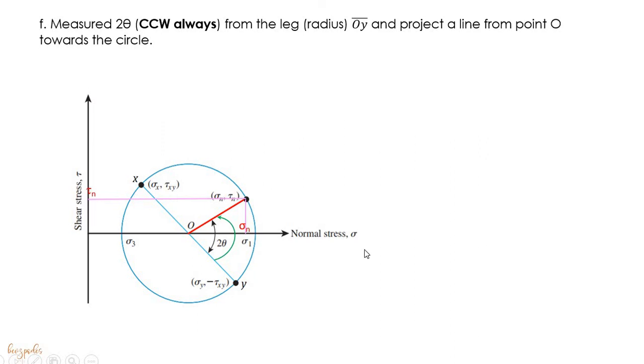So by accurately plotting a Mohr's circle, you're able to get all necessary information like the normal stress, the shear stress, the major principal stress, and the minor principal stress. So this is Mohr's circle, identifying the normal and the shear stress by using Mohr's circle.